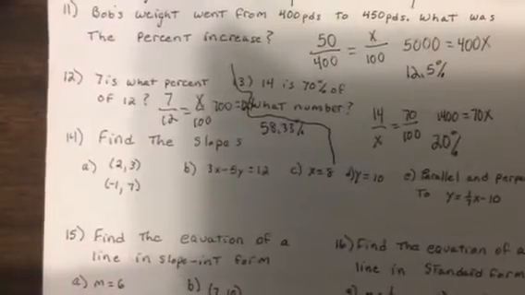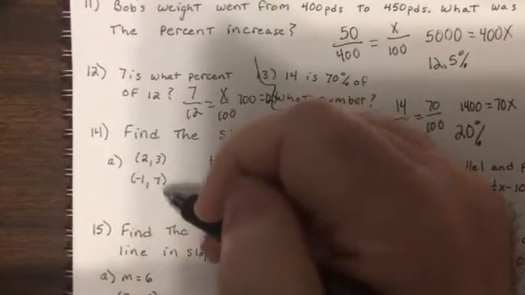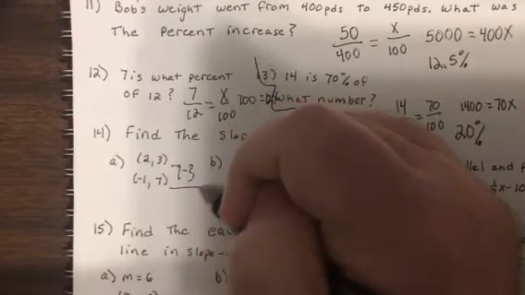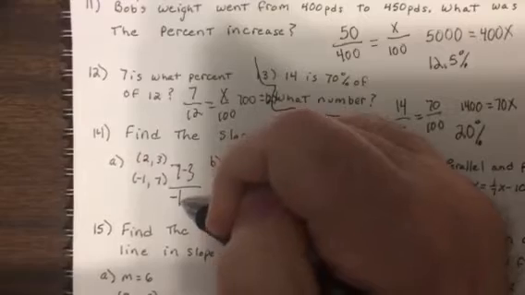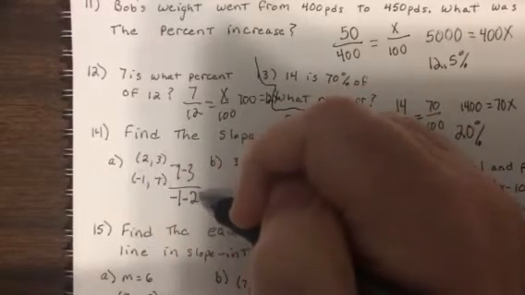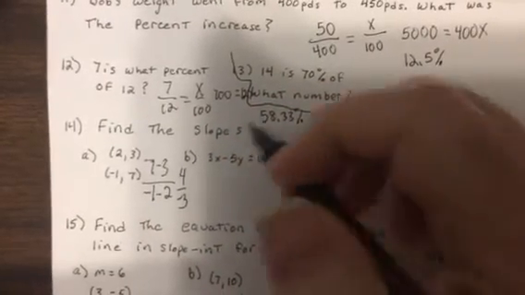So here we go. Find the slopes. So this should be very quick on the test. Should be 3 points. 7 minus 3, change in y over change in x. You must start with the same x and y. So this would be 4 over negative 3. See, wasn't that easy?